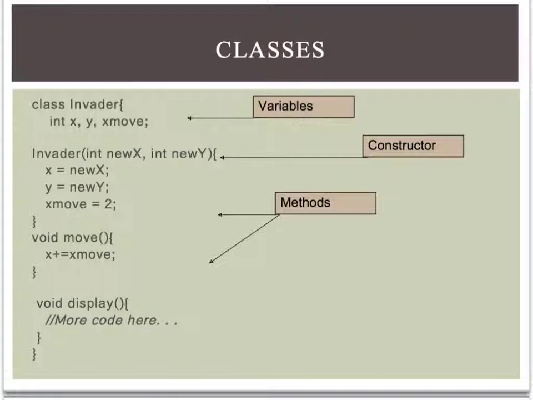Next, we see the constructor. This is kind of like a special kind of function that describes the information we need to know when we build a new invader. All it does is simply set the values for the variables of the invader. Down below, you'll see methods, which again look like special kinds of functions that simply refer to the invader itself and how it behaves.